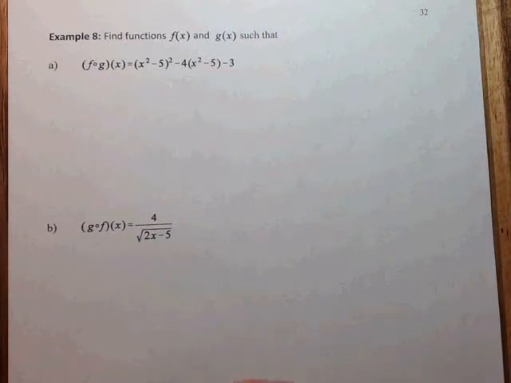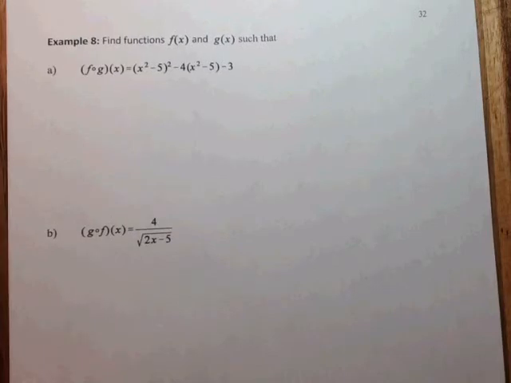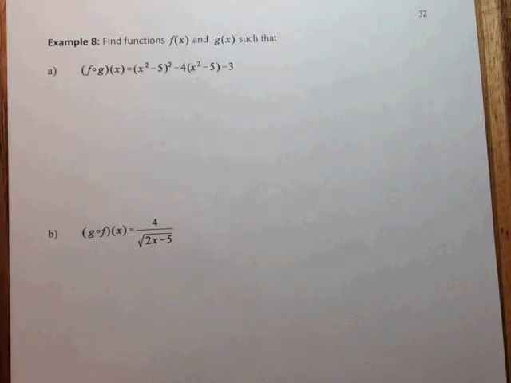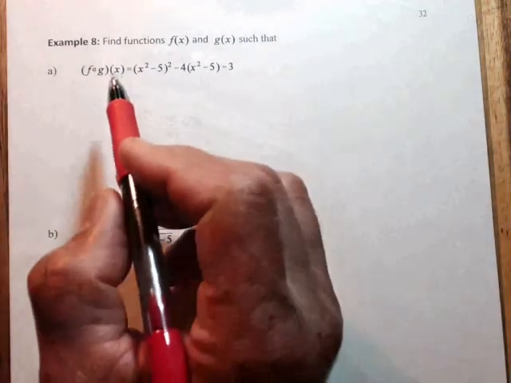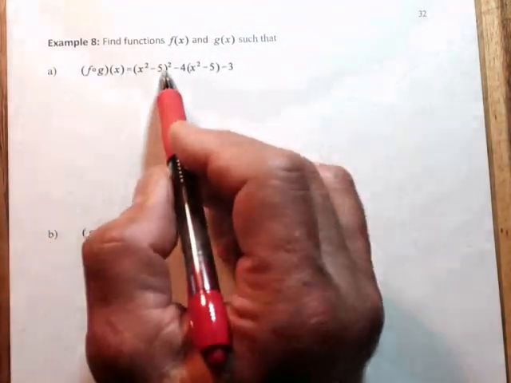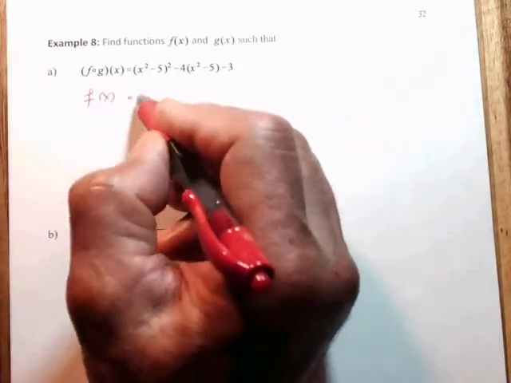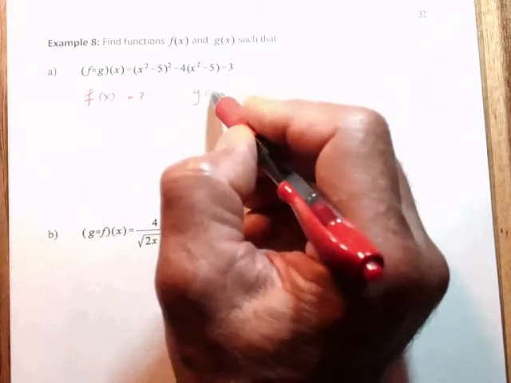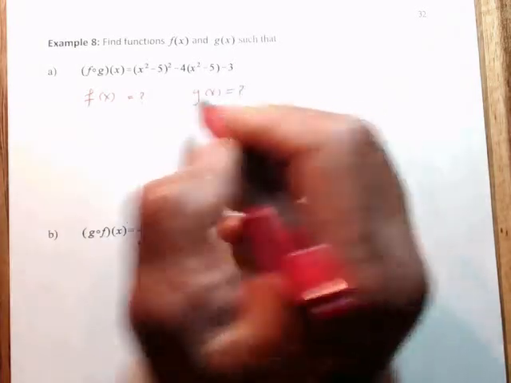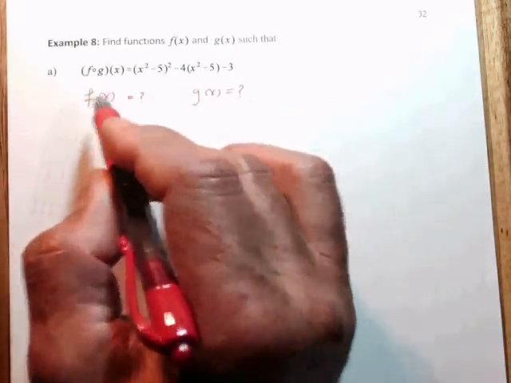Last example of this section actually is an example in which we're trying to recapture the functions that we have composed. In other words, if circle G is this function, we want to know what your f is and what your g is, so that when you write f circle g, you get that back.